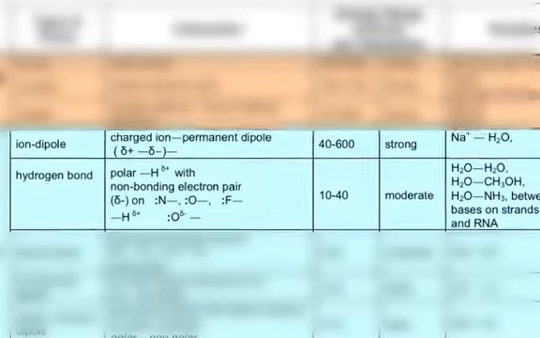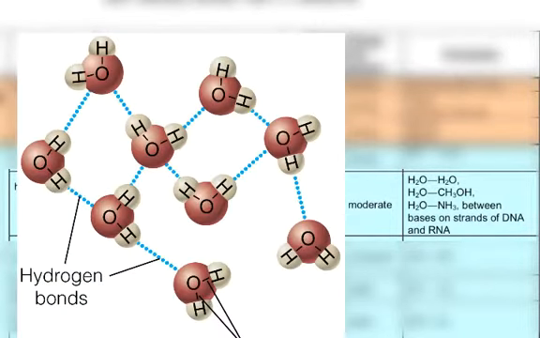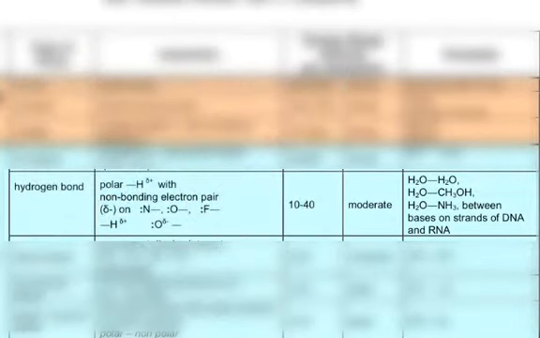We have a hydrogen bond. A hydrogen bond is very, very particular. A hydrogen bond is when a hydrogen is bonded to a nitrogen, an oxygen, or a fluorine, thus making the hydrogen have a pretty positive charge. That hydrogen is then attracted to a fluorine, oxygen, or nitrogen on another molecule.